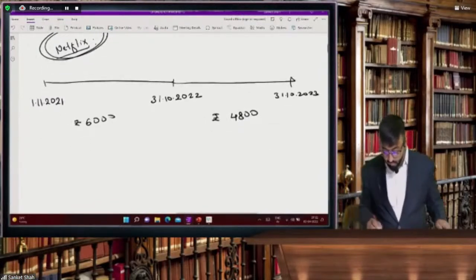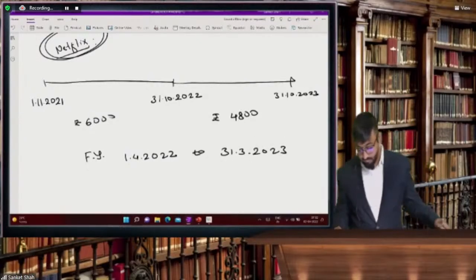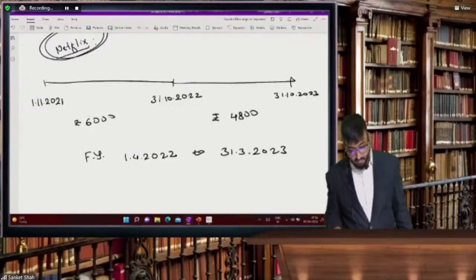So, what is the entry in the financial year 1st April 2022 to 31st March 2023?